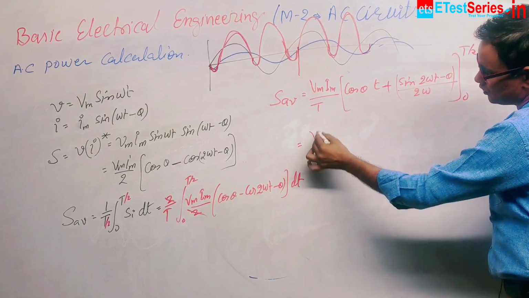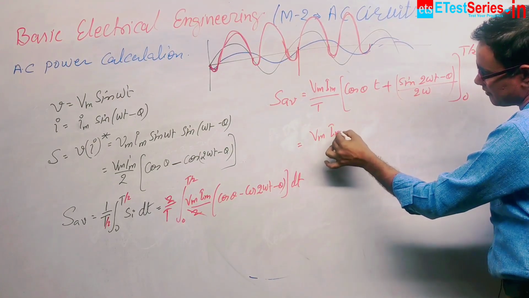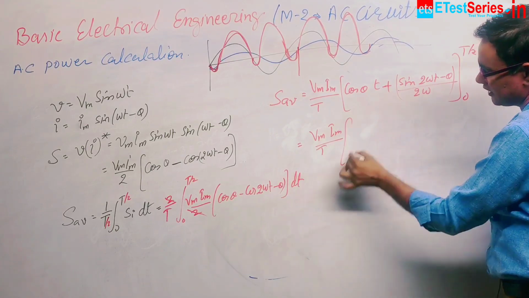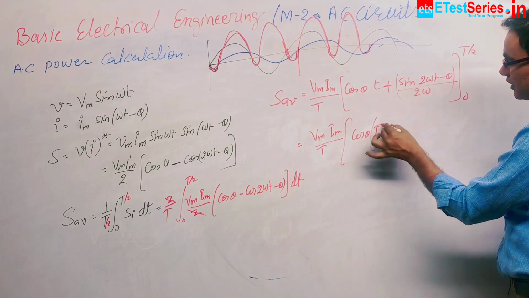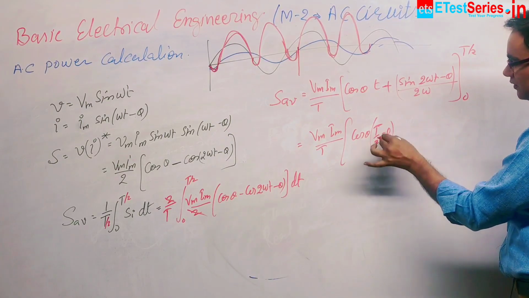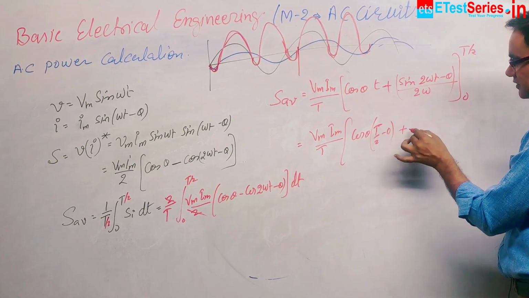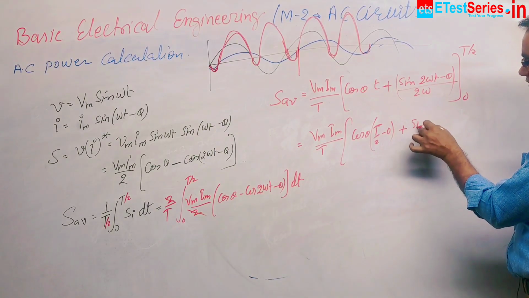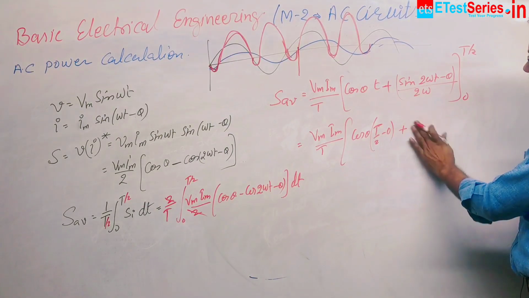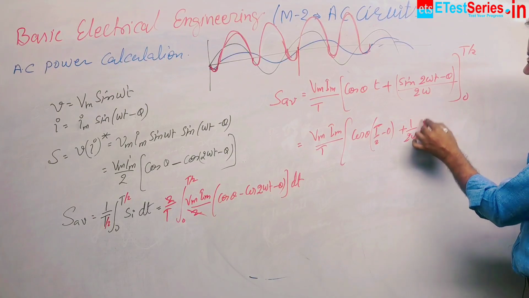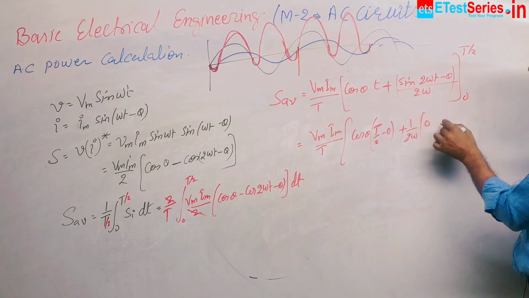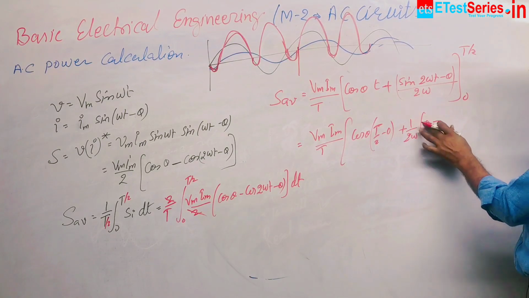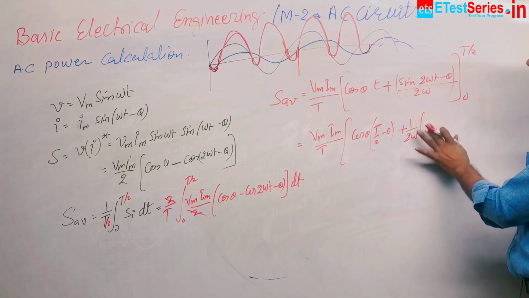So it is equal to Vm Im by T, cos of theta into T by 2 minus 0, plus sine of 1 upon 2 omega, and put T by 2 over here, it gives the 0 value, and you put the 0 value, it gives the 0 value.